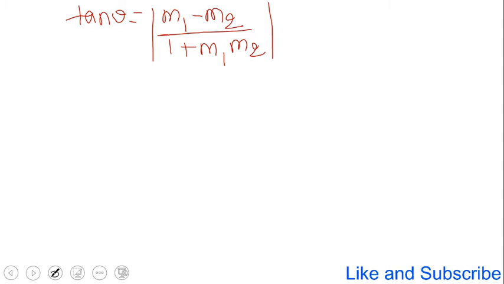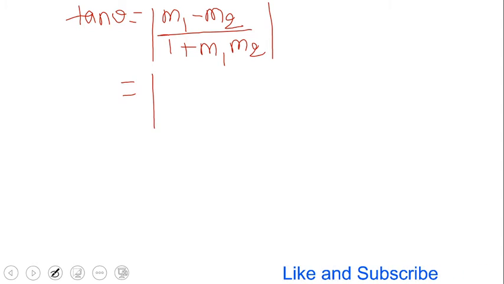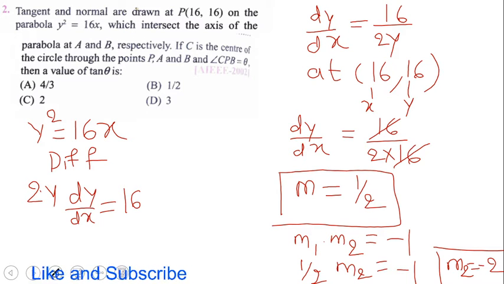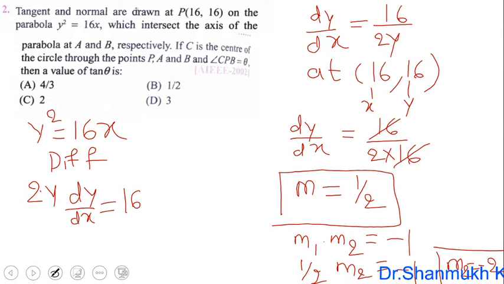Then further m1 is 4 divided by 3. We need to calculate m1 here. One slope we know, another slope we need to calculate. We got m as 1/2, so further slope we need to calculate.